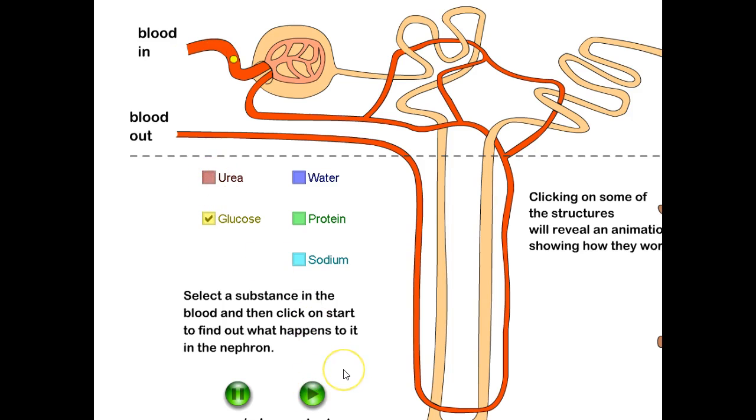Glucose, we want that, right? So what's going to happen is it's going to get dumped into the bloodstream, usually from our PTC, and it's just going to go back into our body. So when you're testing somebody for kidney function, you are testing for glucose levels, because if you see glucose, you know something's up.